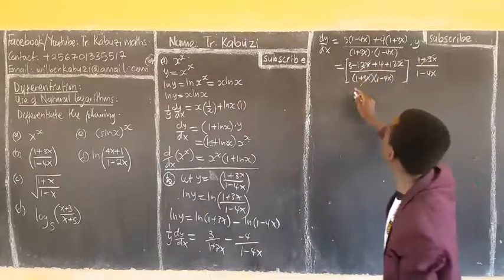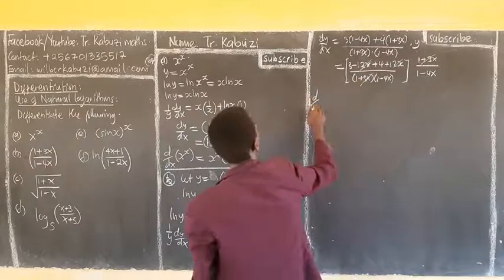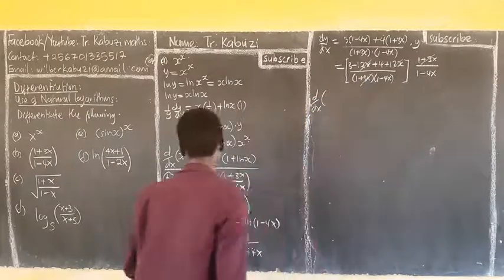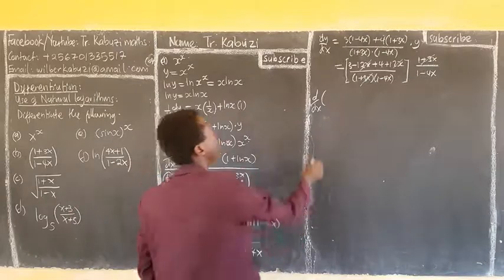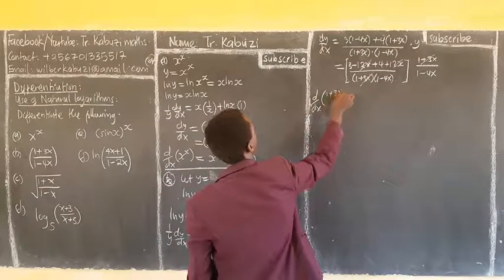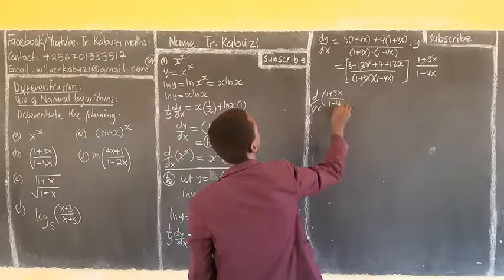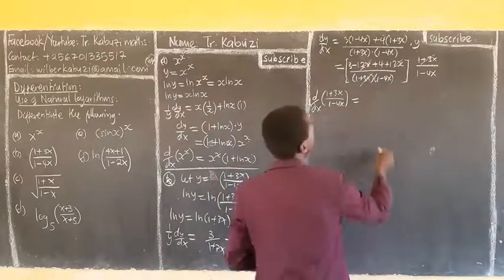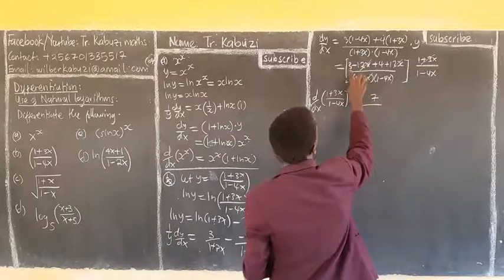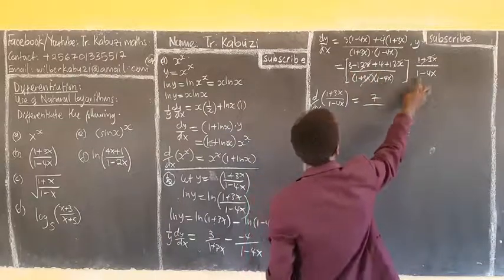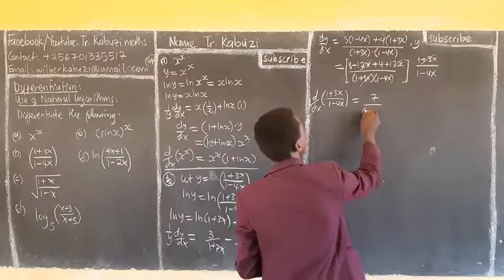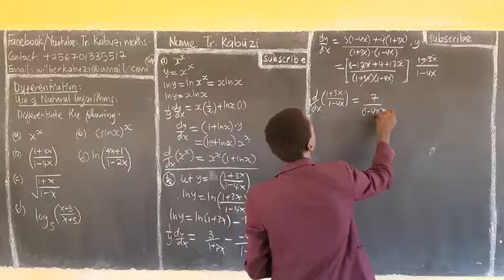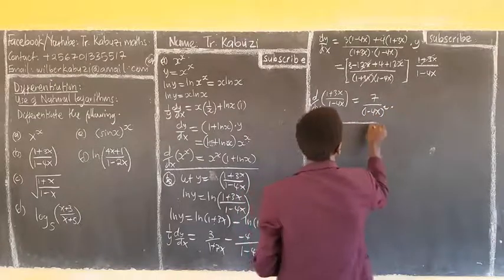So dy dx of y equals 1 plus 3x over 1 minus 4x will be equal to 7 over 1 minus 4x squared. So that's how we handle that one.